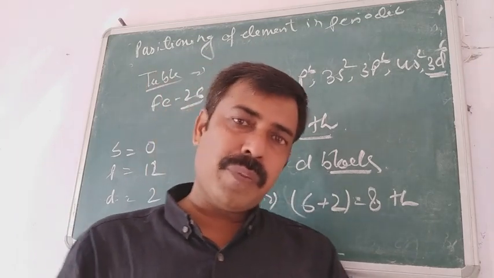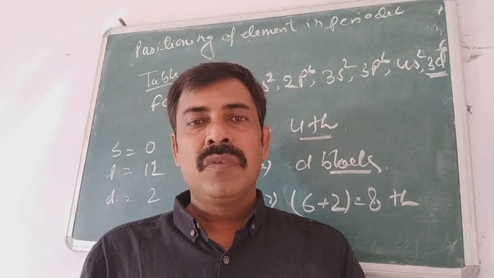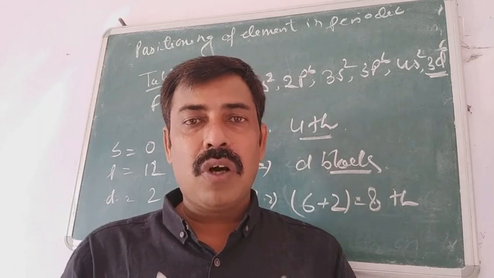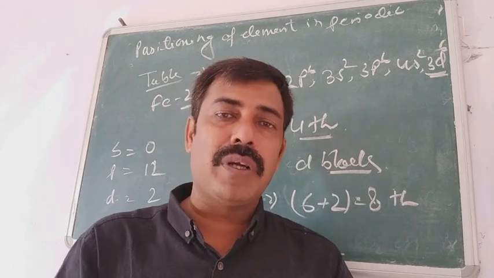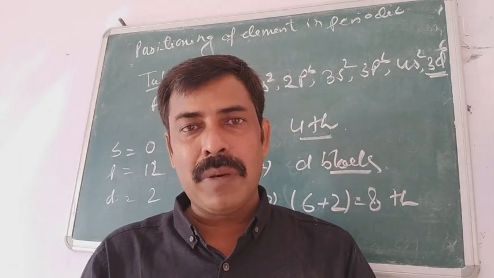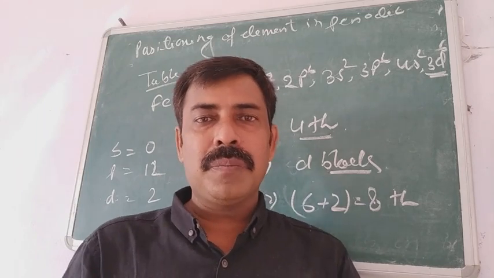So it is very difficult to position hydrogen, because hydrogen doesn't have an octet. Hydrogen has the duplet, and because of the duplet, hydrogen is not capable of showing any one specific property. Hydrogen is capable of showing the property of alkali metals as well as the property of halogens. So it is difficult to position hydrogen in any specific group.